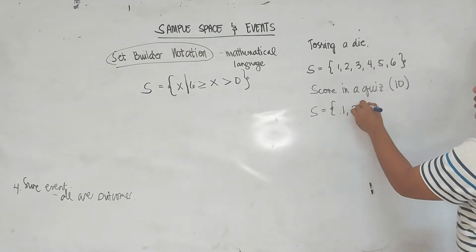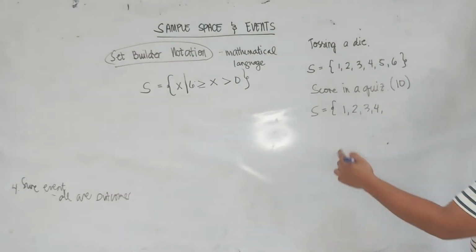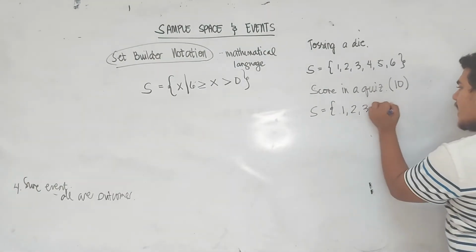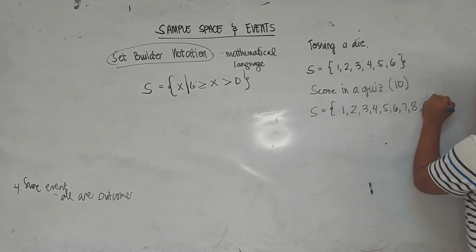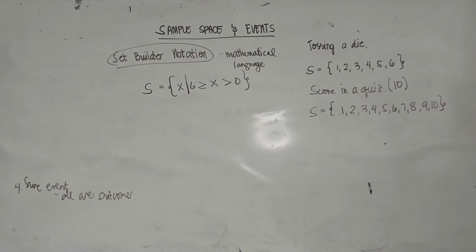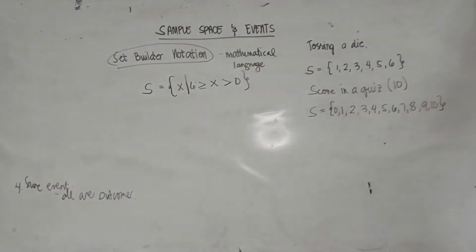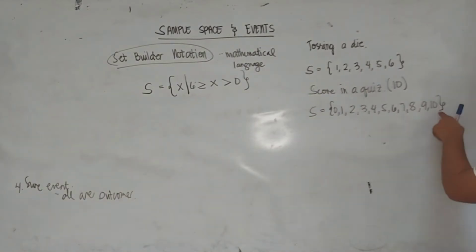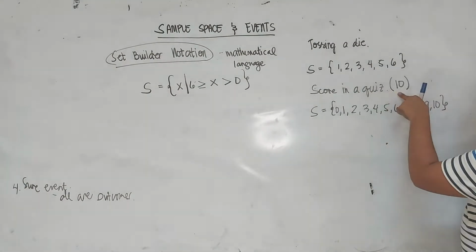What is the probability of your score? So your score would either be 1, 2, 3, 4, 5, 6, 7, 8, 9, or 10. Makuha ka ba og 0? Yes, makuha ka og 0. Pwede man na wala siya ka-answer. So, 0. Pwede ang perfect ka, pero mokabat ka og 11, dili na. Kaya ang score in a quiz is only up to 10.